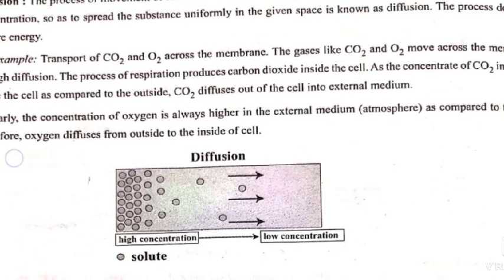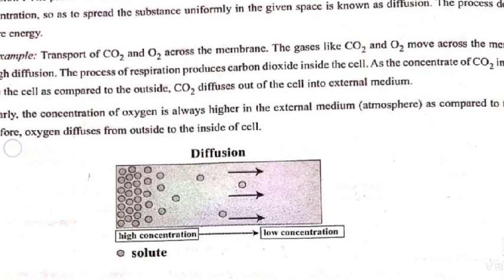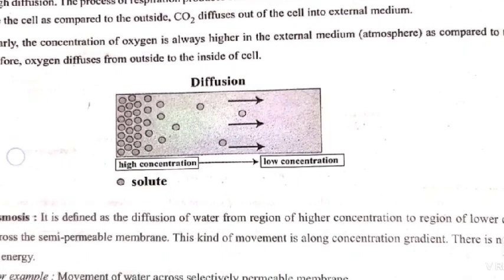For example, transport of carbon dioxide and oxygen across the membrane. Gases like carbon dioxide and oxygen move across the membrane through diffusion. The process of respiration produces carbon dioxide inside the cell. As the concentration of CO2 increases inside the cell as compared to the outside, CO2 diffuses out of the cell into the external medium.